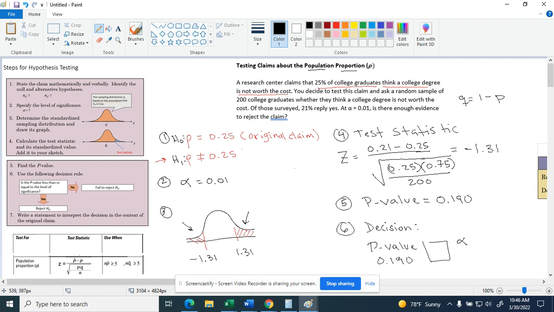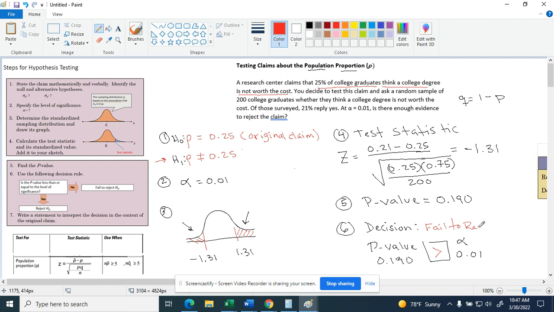And alpha is from step 2, so it's 0.01. So I need to compare: is the p-value smaller or greater than 0.01? In this case, 0.19 is bigger than 0.01, so it's greater. So answer the question, is the p-value less than the level of significance? No. So our decision is: fail to reject H0.